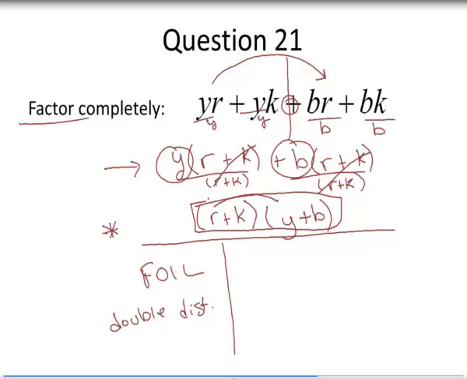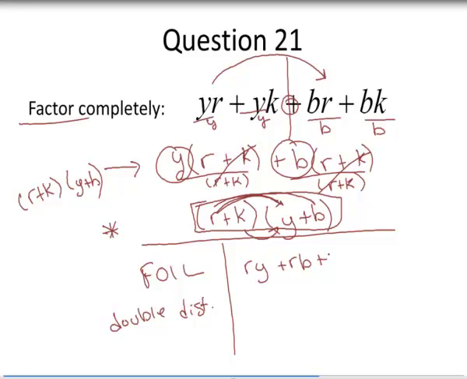Right here. This is your answer right here. R plus k times y plus b. That's your answer. That's what that expression is when you factor it. Did you guys FOIL it to see if it works? R times y is ry. R times b is rb.